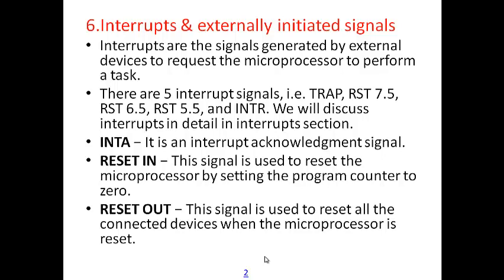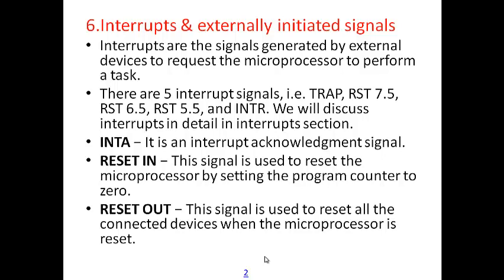In 8085 there are 5 interrupt signals: TRAP, 7.5, 6.5, 5.5 and INTR, where the highest priority is TRAP. If all these interrupts occur simultaneously, then the first one that should be executed is TRAP, next 7.5, 6.5, 5.5, and lastly INTR.